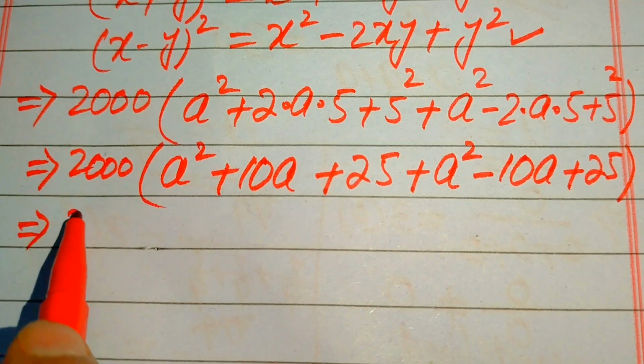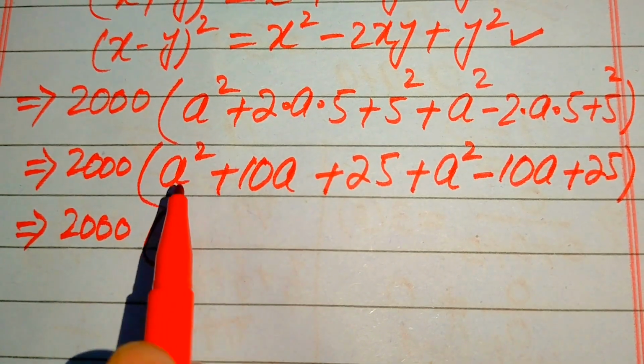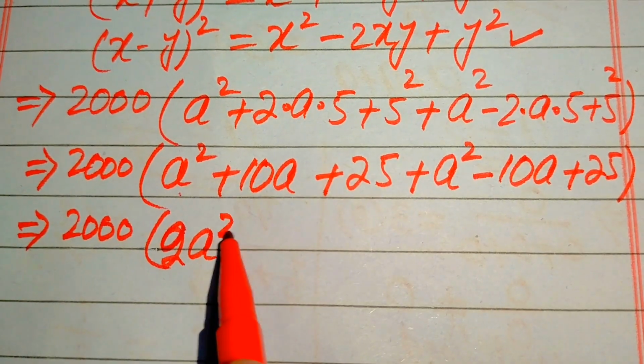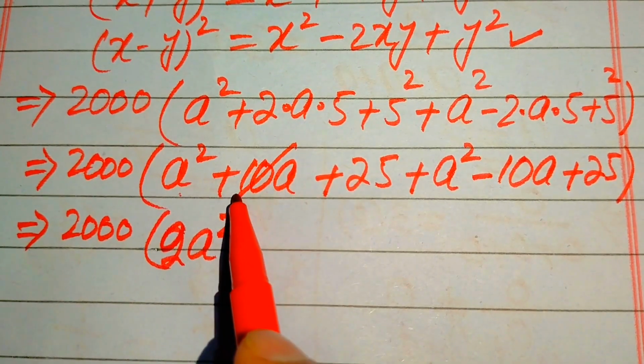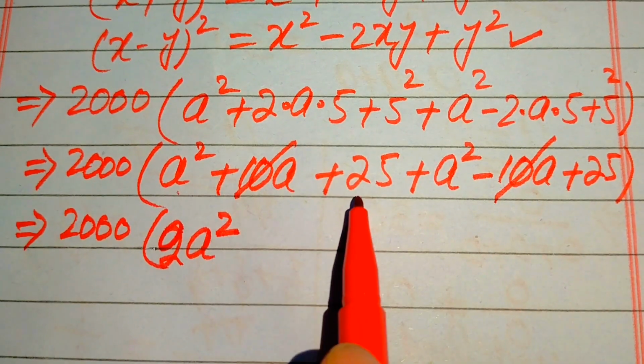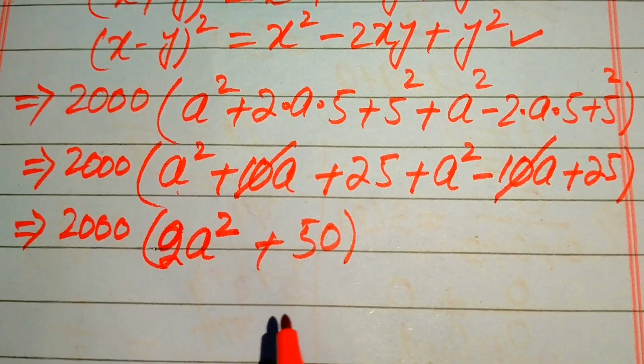And in the next step we have 2000 times, a square plus a square becomes 2 times a square, and this positive 10a and negative 10a cancel out each other, and we get 25 plus 25 becomes 50, 50 only.